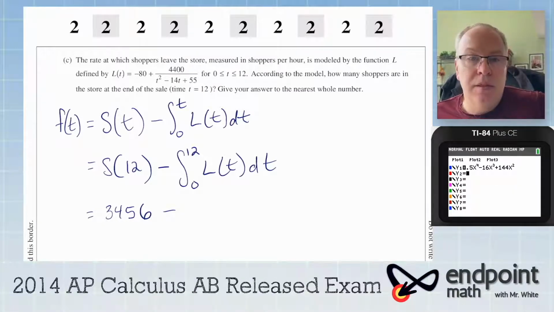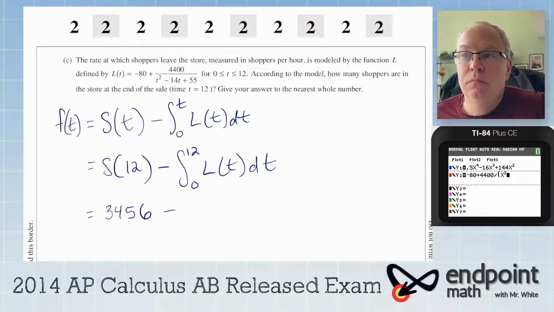All right, so this is going to be negative 80 plus 4,400 divided by the quantity x squared minus 14x plus 55. Just checking my work before I go on. See, so that didn't take that long, right?